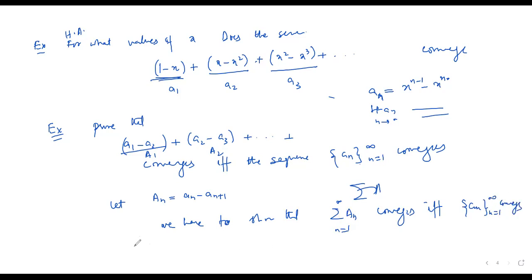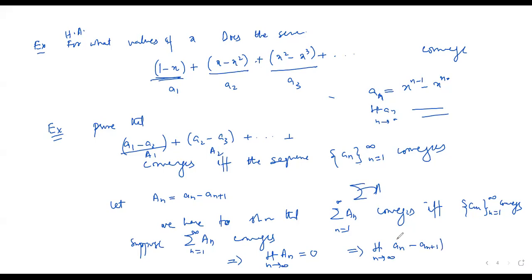Now suppose summation an runs from 1 to infinity converges. Then we know that if this is so, it implies that limit an, it is necessary that this goes to 0, which implies that limit n approaches infinity, an minus an plus 1 must go to 0, right?